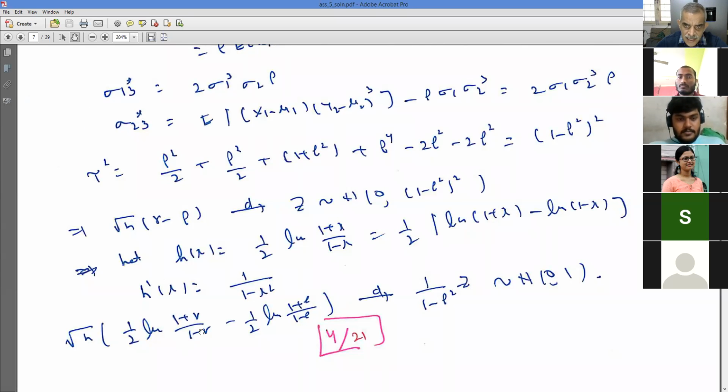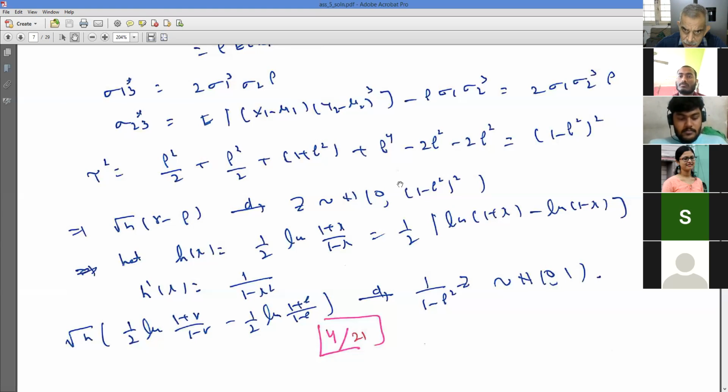Now what you have to do is, normally what happens is you try to get an asymptotic distribution so that your variance does not depend on a parameter, right? Because that helps. That is called a variance stabilizing transformation. You might be doing it in simulations. If your approximation depends on rho, then there is a lot of volatility in the approximation.